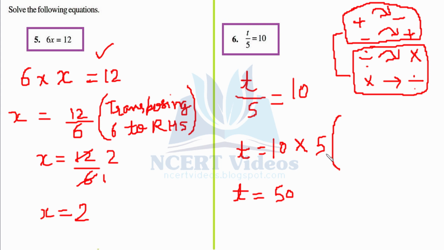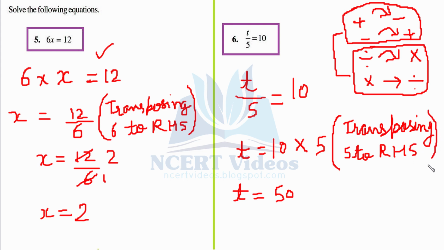Don't forget, as I forgot, transposing 5 to RHS, right hand side, obviously separated with dots. So now we would check it, 50 over 5.